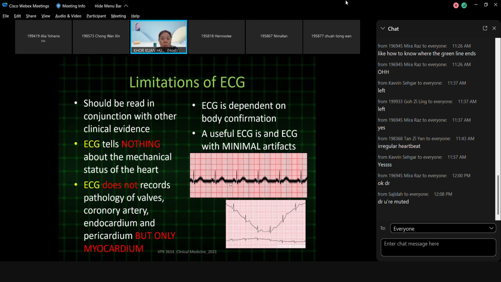It gives you all this artifact, and it cannot be interpreted. Sometimes whenever you're doing your ECG, you say, whoa, there's a slurring or a depression. No, this dog just moved a leg, so one of your leads moves, and it can be recorded in that manner too. So you need to interpret it properly.